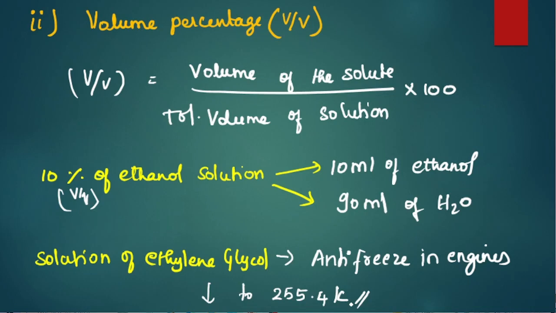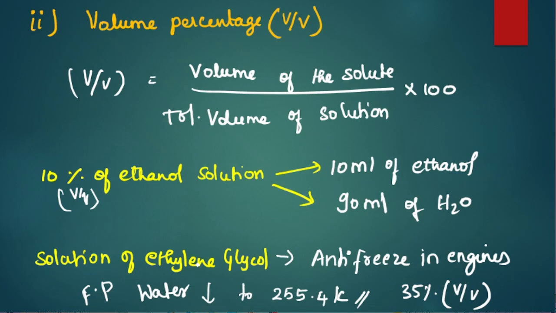So the solution of ethylene glycol, that is 35% volume by volume ethylene glycol solution, is used as an antifreeze in engines to reduce the freezing point of water to 255.4 Kelvin. This is the application of volume percentage.